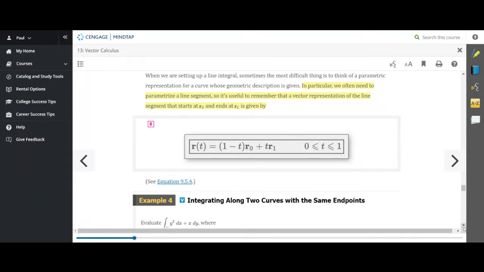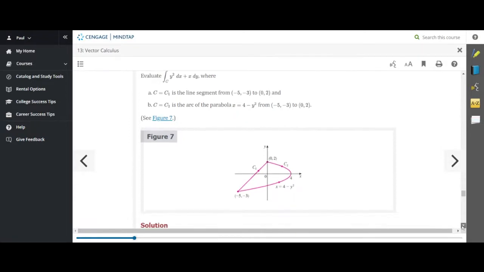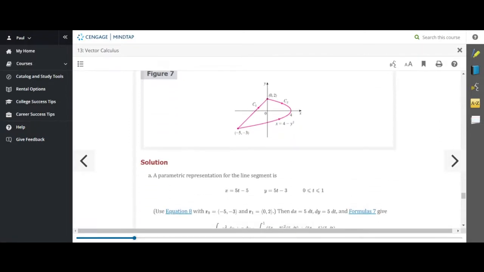So here they are saying in example 4, let's integrate along two curves with the same endpoint. If you notice here in figure 7, you have an initial point, (-5, -3), and a terminal point, (0, 2).